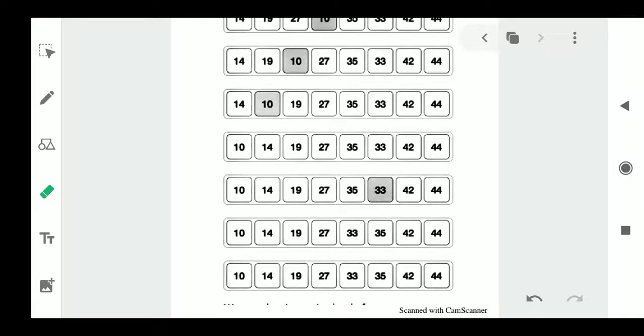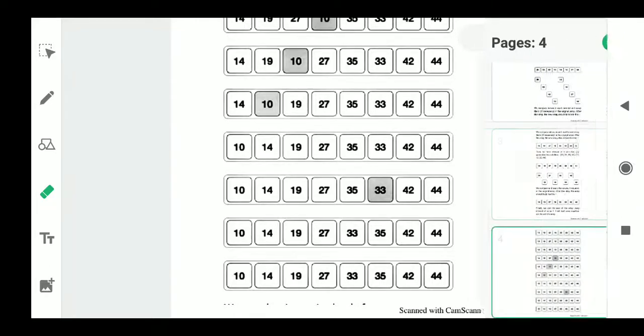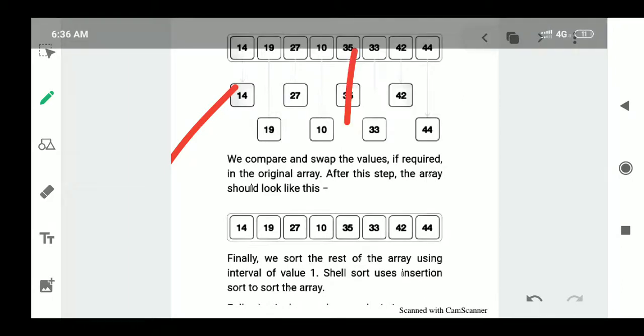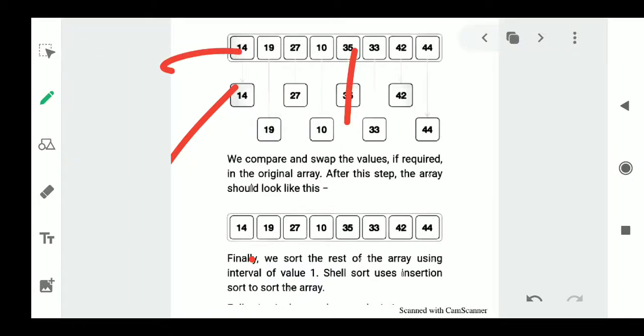This is how our shell sort algorithm will work. If you observe very clearly, you will understand what we are doing here. Generally, we do the same process which we have done in insertion sort comparison, but according to the interval we compare the elements. If it is interval 4, we compare 14 and 35.